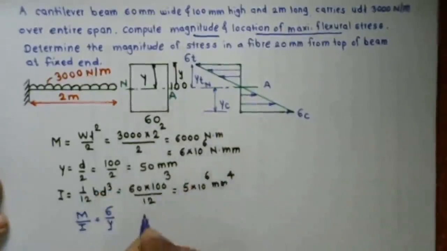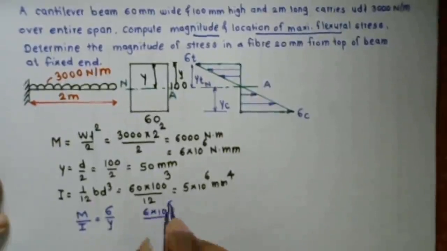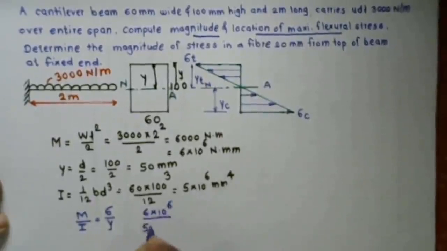M we know is 6 into 10 raised to 6, I we already calculated as 5 into 10 raised to 6. Now we have to calculate sigma, and y is 50 mm.